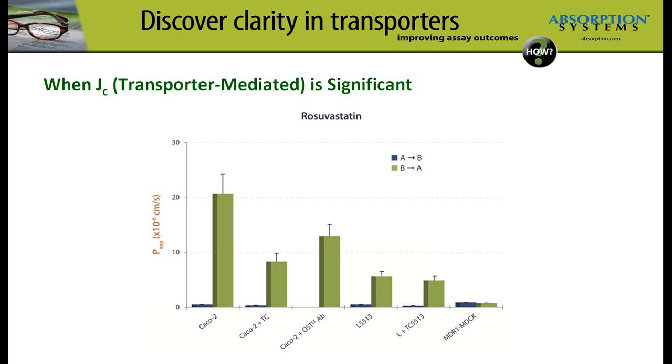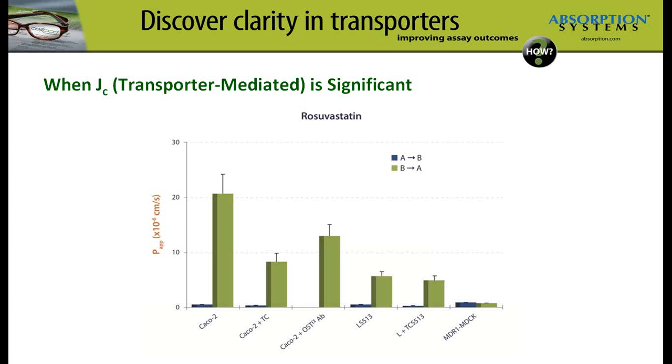When Caco2 cells were challenged with the OST inhibitor, taurocholic acid, TC, the efflux ratio of rosuvastatin decreased significantly. Also, when Caco2 cells were treated with OST antibody, the efflux ratio of rosuvastatin also decreased.